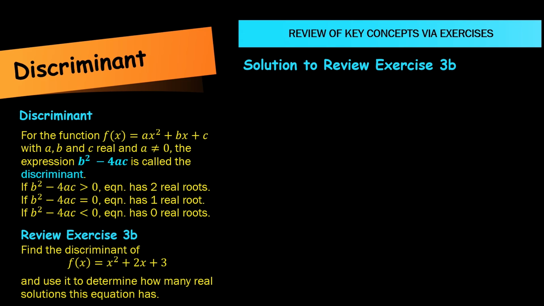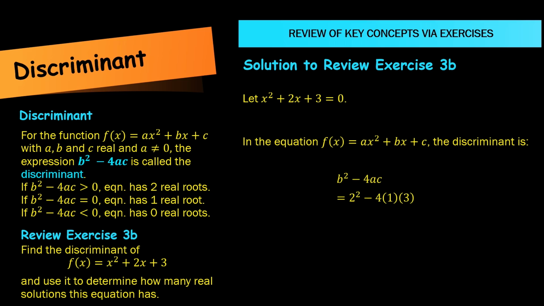Now in the equation f of x equals ax squared plus bx plus c, the discriminant is b squared minus 4ac, which equals 2 squared minus 4 times 1 times 3, which equals 4 minus 12, which equals -8. And of course, -8 is less than 0. Therefore, the equation has no real roots.